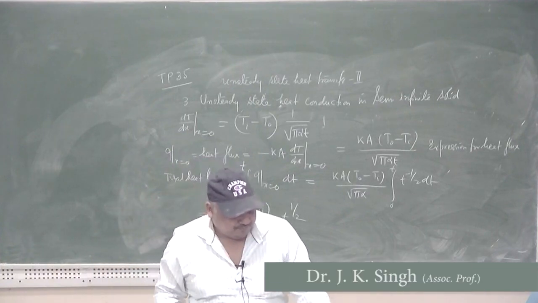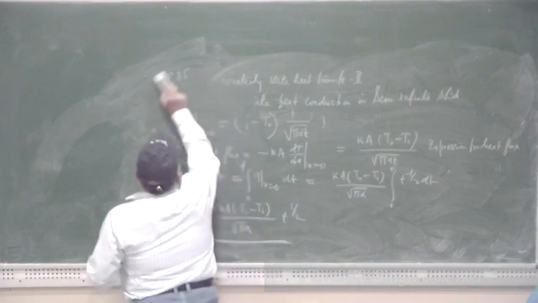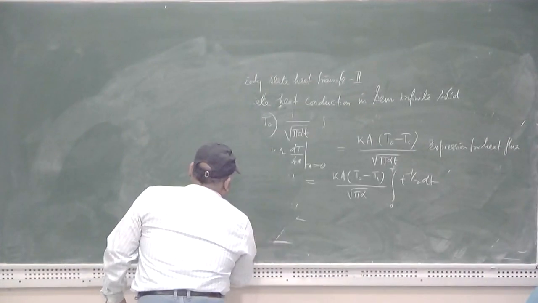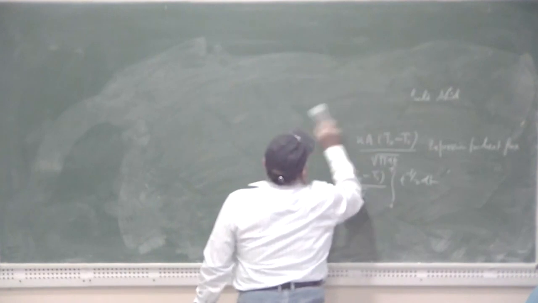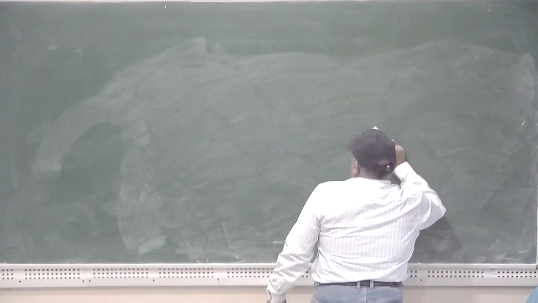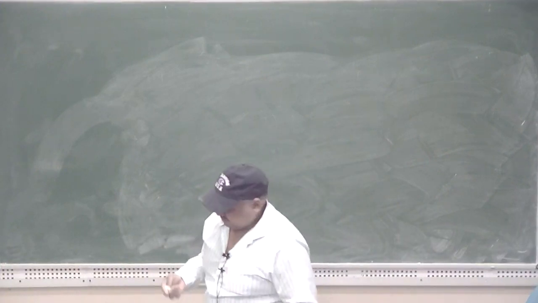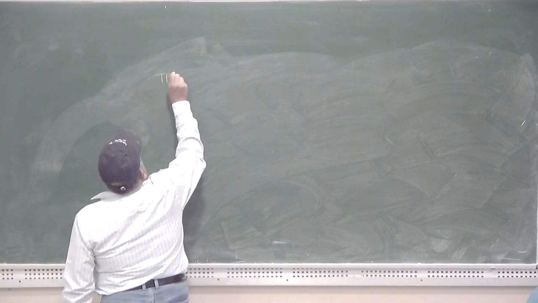Heating or cooling of a plate with finite thermal resistance. So, this is your 36th class, or you can regard it as the penultimate class of the transport phenomena course. So, this is your TP 36.